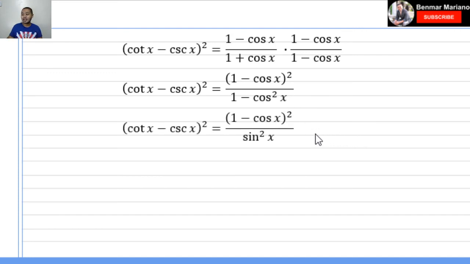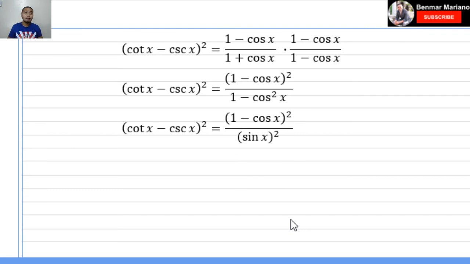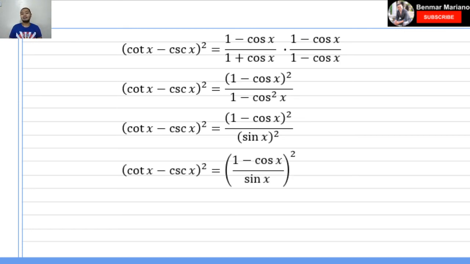Next thing to do here is that we know that sine squared x can also be written as sine x raised to 2, or the quantity of sine x squared. And applying the law of exponents, we can rewrite this as the quantity of 1 minus cosine x all over sine x, squared, as you can see on our screen.